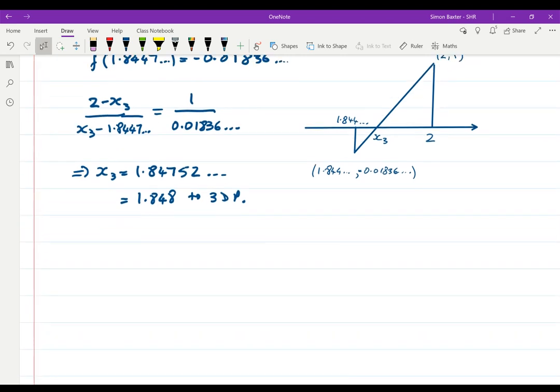And you could carry on doing this many times to make your root more and more accurate.